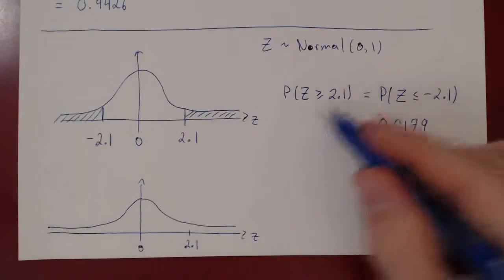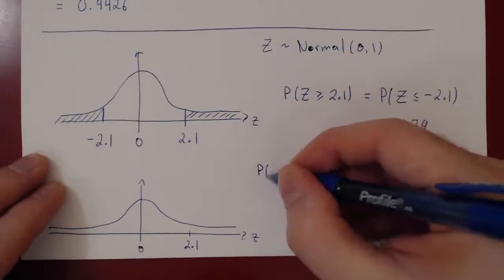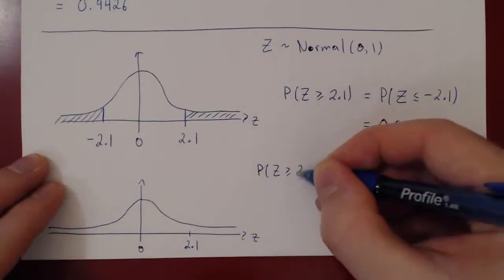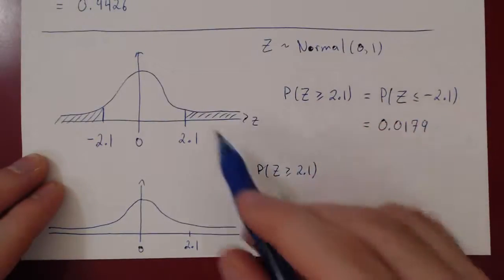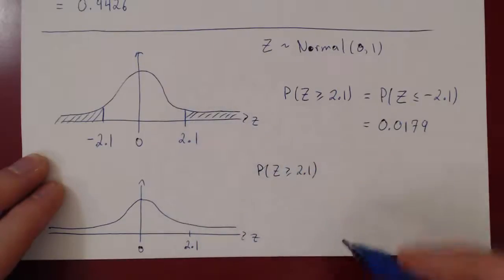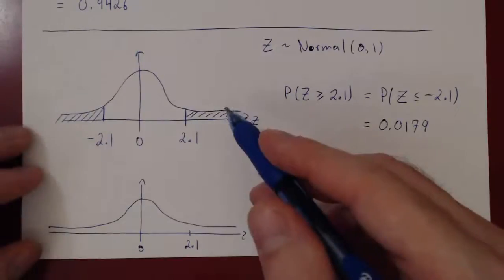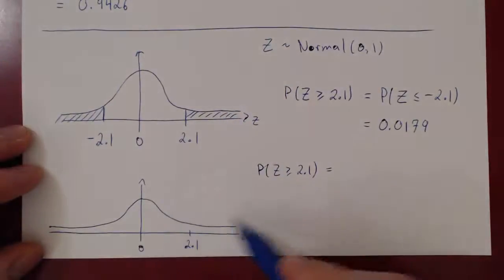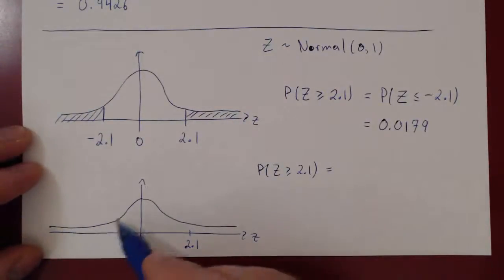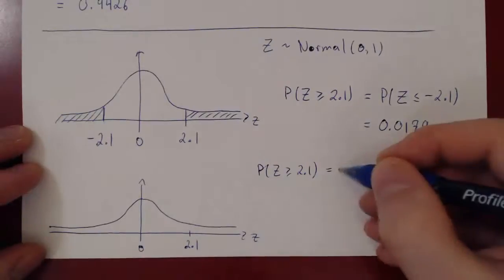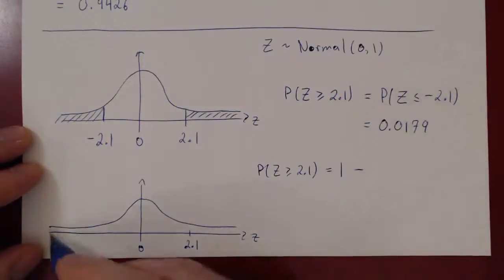So let's do P of Z is to the right of 2.1. We only want the area of this part. Let's use the complement rule. Let's add everything. So the entire area below the distribution curve is 1. Now we've added everything.